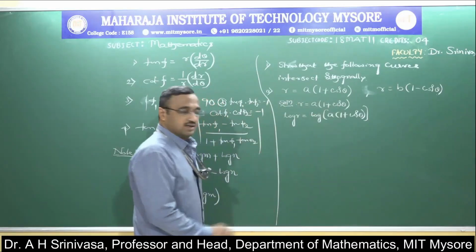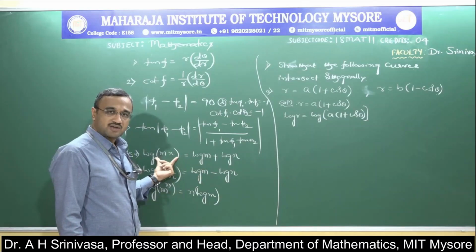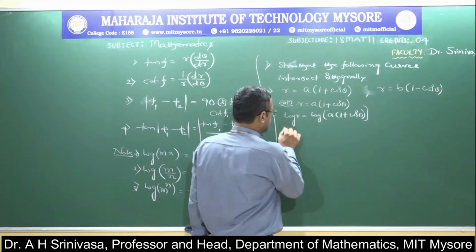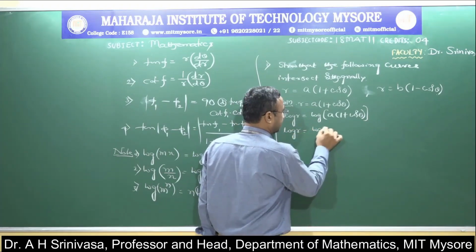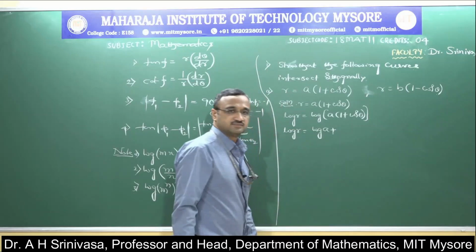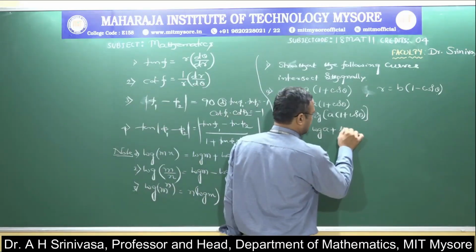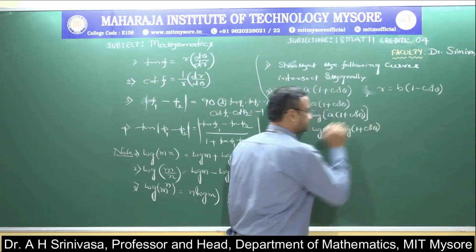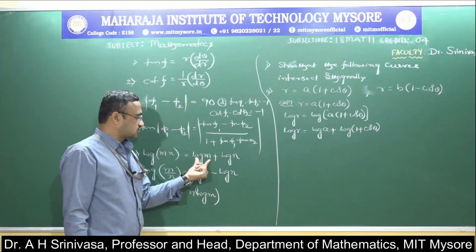Now use the properties of logarithms. If a product is there, you make it a sum of two terms. So log r equals log a plus log of (1 plus cos theta). You see, m into n reduces to log m plus log n.